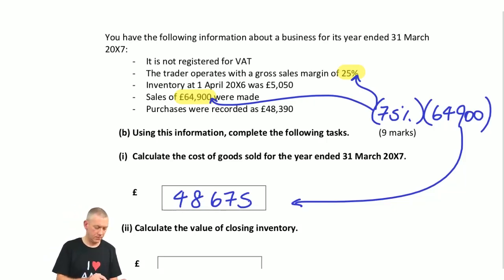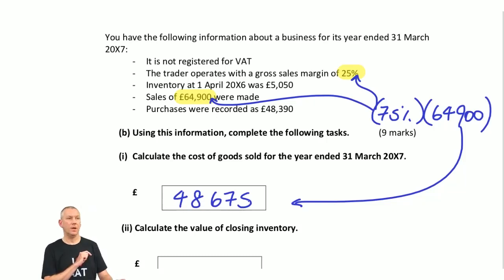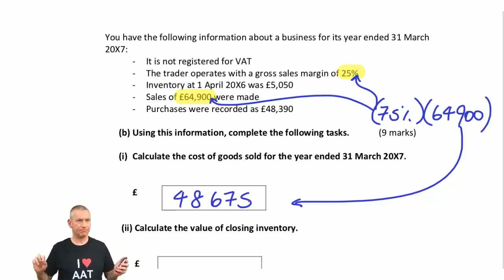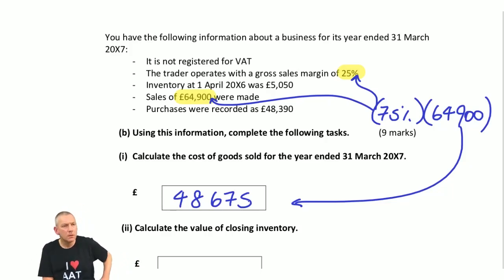So 0.25 times 64,900 minus 48,675. Absolutely lovely. 48,675. Fantastic. Lovely. Calculate the value of the closing inventory.